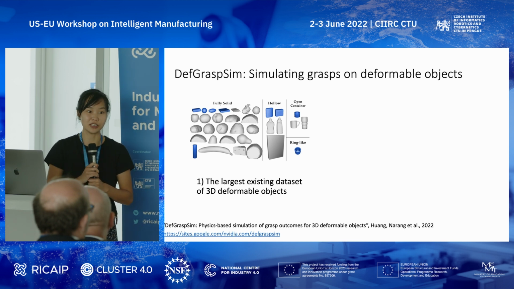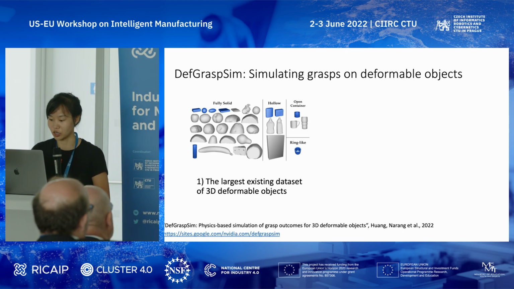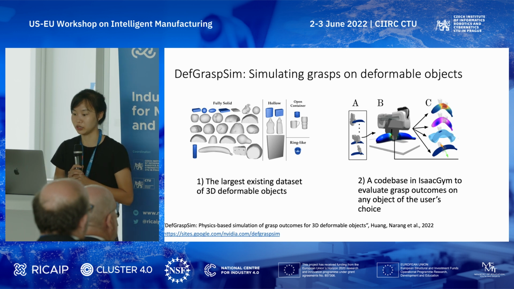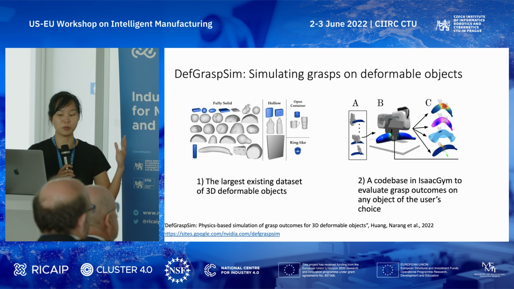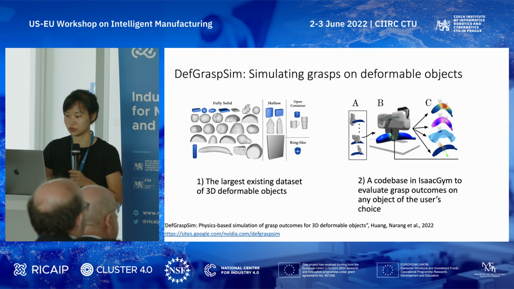This is actually tiny compared to the millions of rigid CAD models that are out there, but this is a start. Then we use the NVIDIA Isaac GEM simulator that simulates deformable interactions using 3D finite element method to create a code base that allows users to run grasp experiments on any object of their choice.